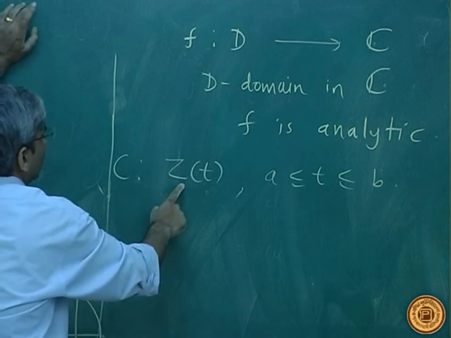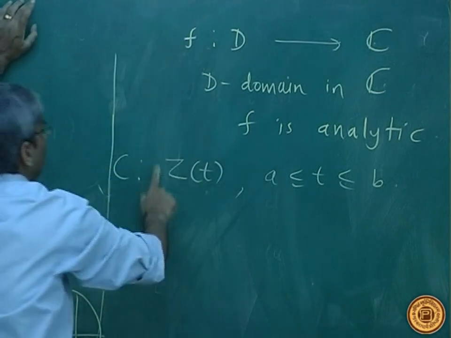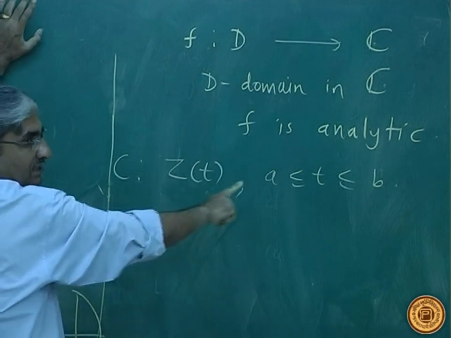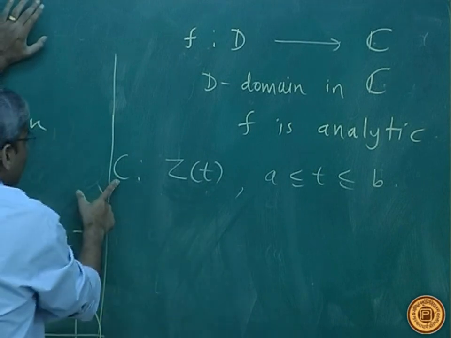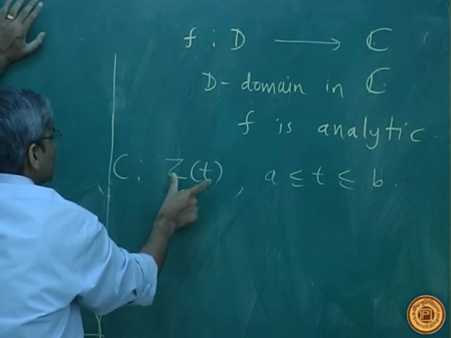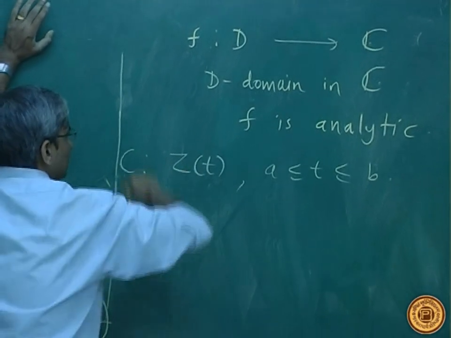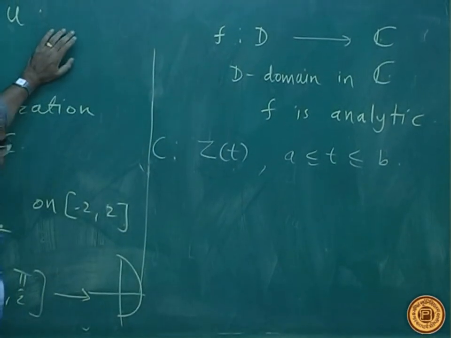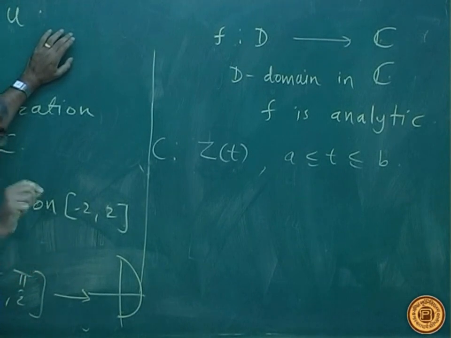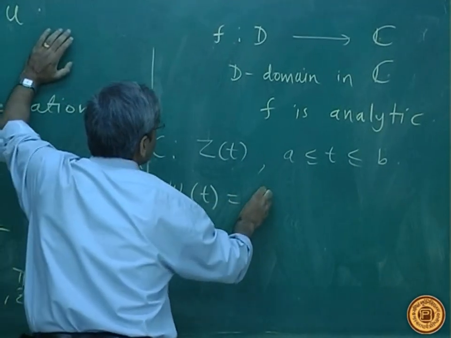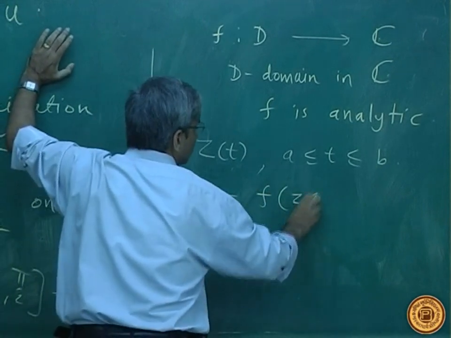That means these points are in the plane. So they traverse the curve. That curve is denoted by C. Okay. I hope you follow this pattern. That this is a curve, that means that this is in the plane. The points are given by z of t, so z of t is some x of t plus i y of t, these are complex numbers, points in the plane. But t varies in the interval. Okay. So as t varies in the interval, z of t varies on the curve. Alright. Now suppose W of t is f of z of t.